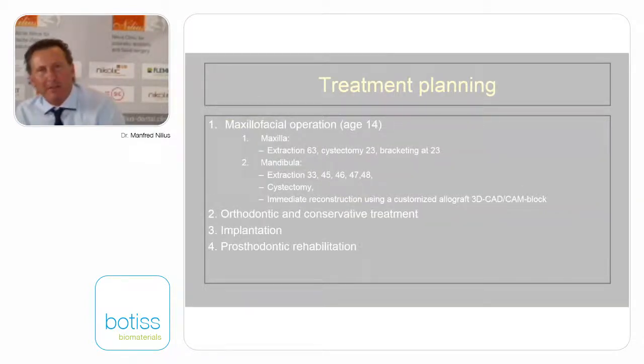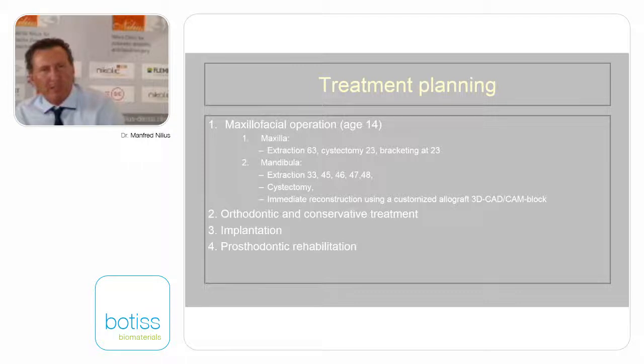Our treatment plan for this patient at the age of 14 was to have an extraction on 6-3 and the cystectomy on 2-3, bracketing and autogenetic treatment on the left upper canine. In the mandible, we had to extract all the teeth. We made a big cystectomy and an immediate reconstruction using a customized allograft 3D CAD/CAM block.